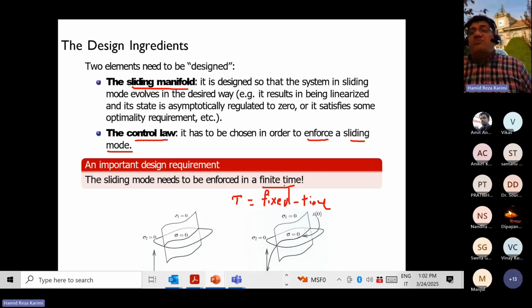This is different from finite time. If you want to design fixed time control, the time is already given, but the finite time is a short time, meaning that the TF should be less than infinity. As long as this TF becomes less and less, the system becomes quicker and quicker. But finite time is different from fixed time, because in fixed time you already have one requirement to reach in this specific time.